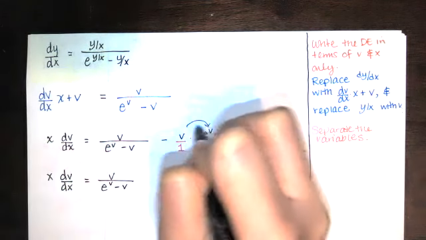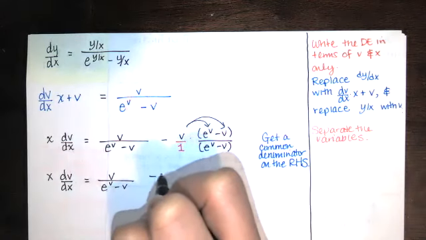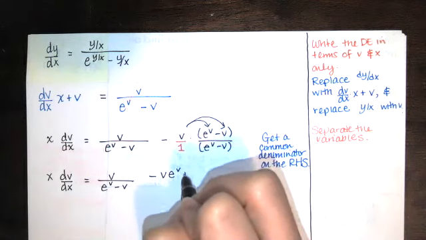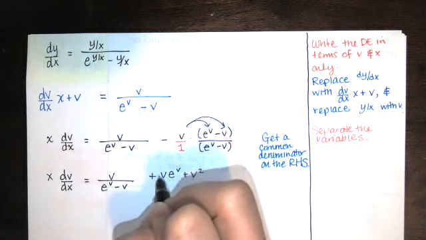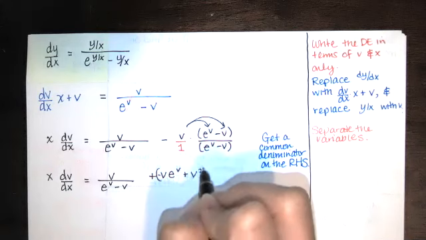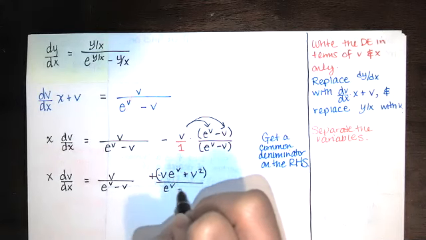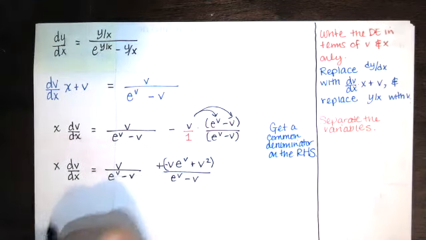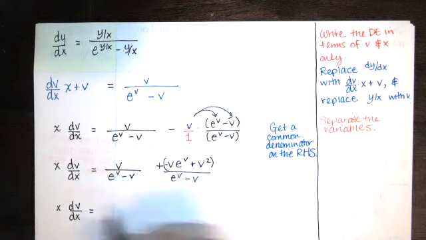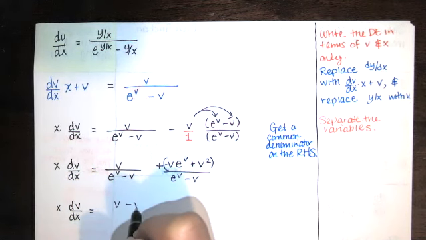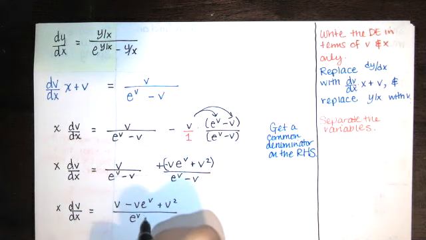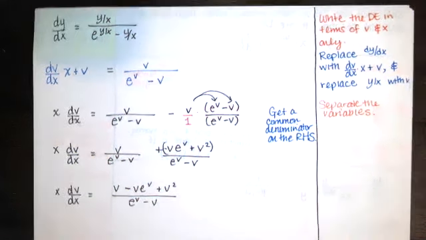And then if we distribute that negative v, we have negative v times e to the v. Negative v times negative v is positive v squared. And now that we have a common denominator, we can add the numerators. I think that you can probably see why this would be a difficult integral to evaluate.